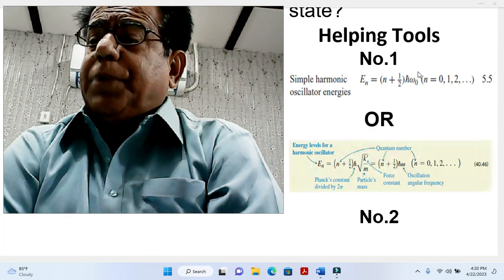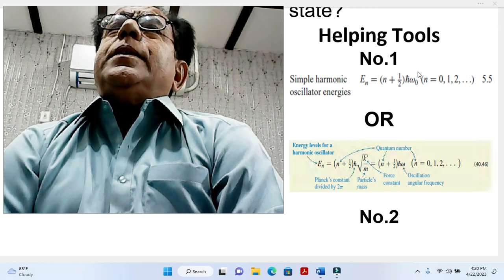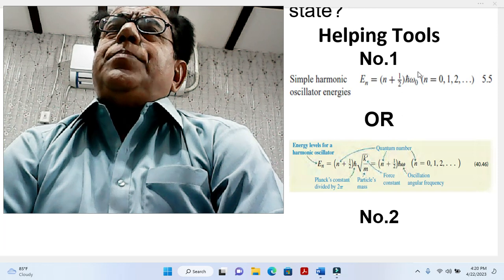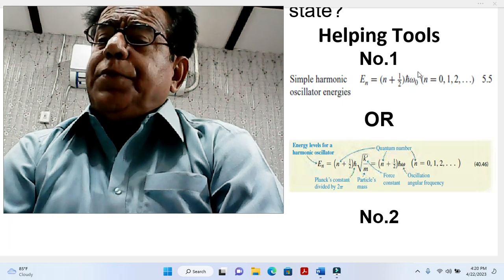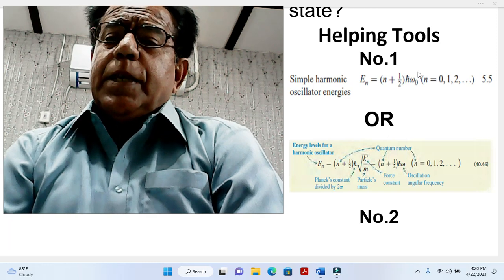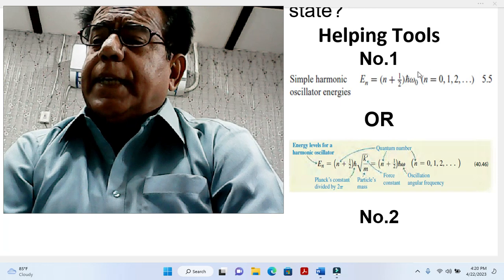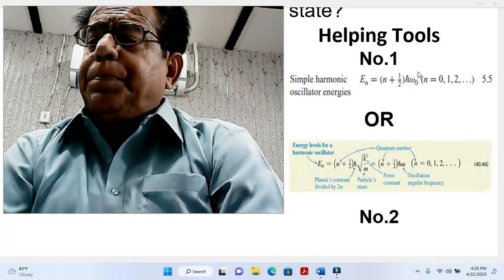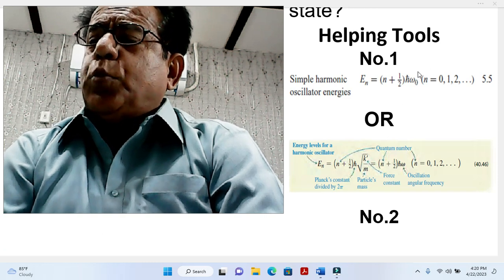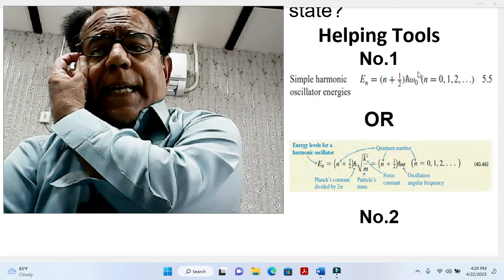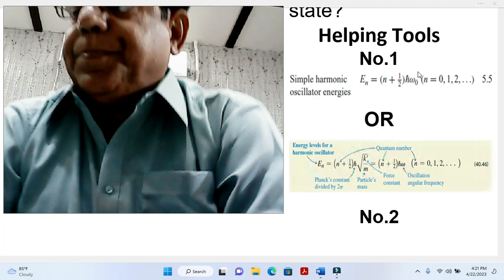This is equation number 5.5, from the fifth topic of the fifth chapter of Modern Physics by Kenneth S. Crane. Here h bar, or h reduced, is equal to h over 2 pi.